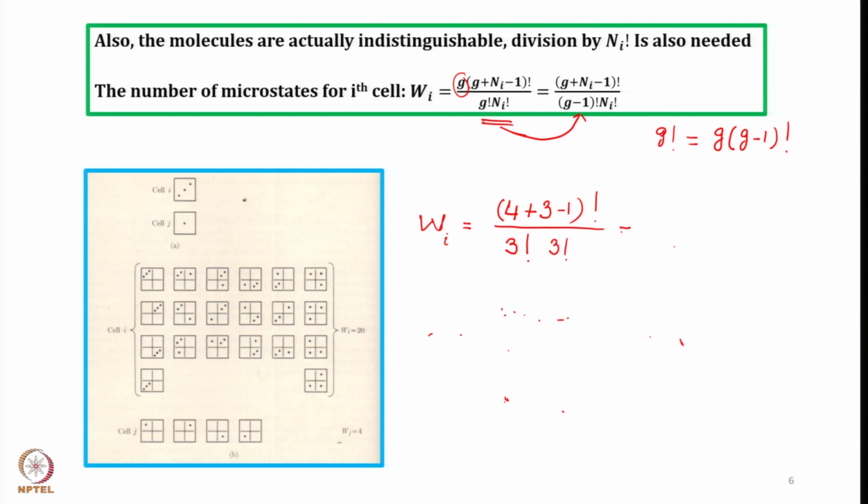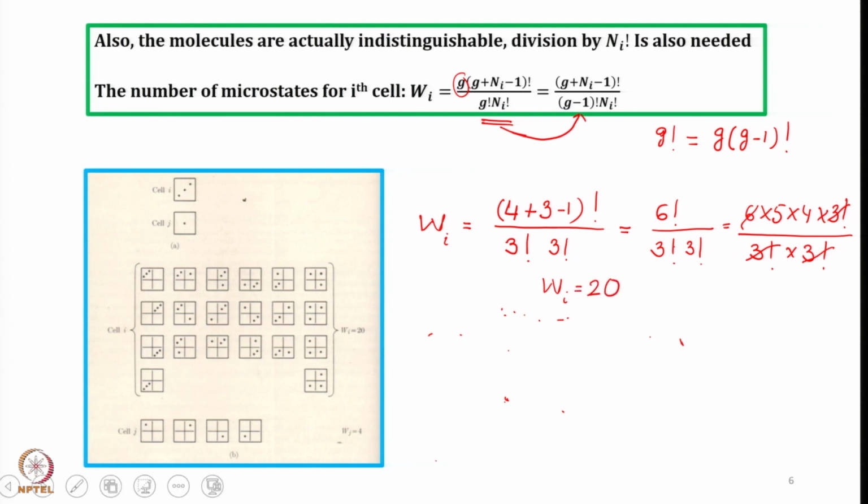So what I have here is 4 plus 3, 7 minus 1, 6. 6 factorial over 3 factorial into 3 factorial, which is equal to 6 into 5 into 4 into 3 factorial over 3 factorial into 3 factorial. So 3 factorial cancels, and that means Wi is equal to 20. This is what we counted here.